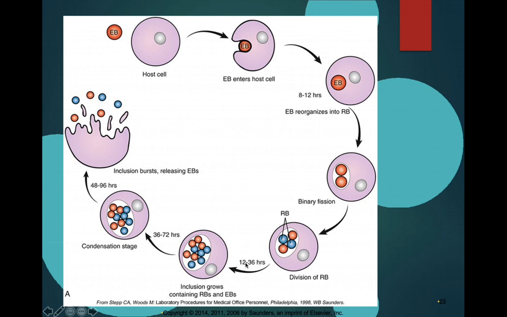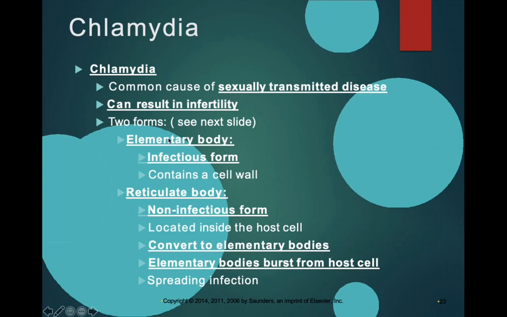You could see over some time, right? Then we can see it starts to get multiplying, and you can see the RBs, eventually the inclusion, this little encapsulation of the RBs burst, releasing the EBs. And what were the EBs? The elementary bodies are the infectious form, and that's how this STD can spread.